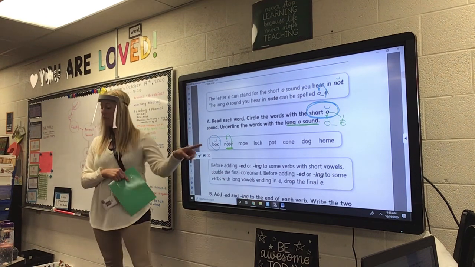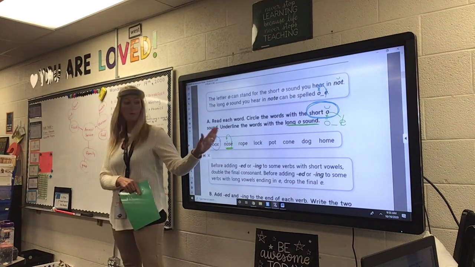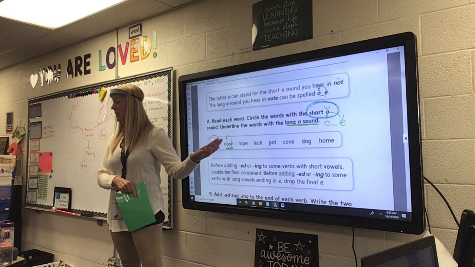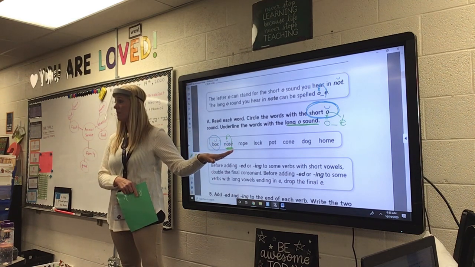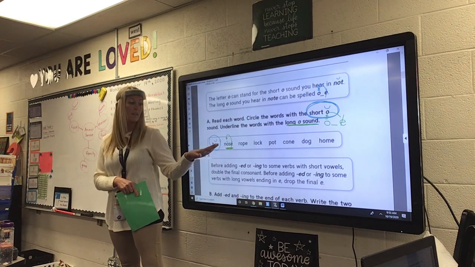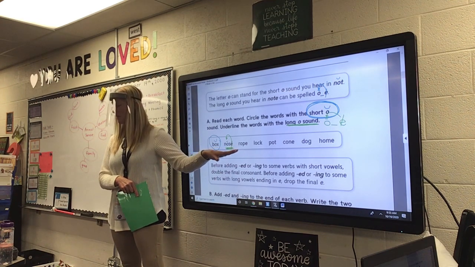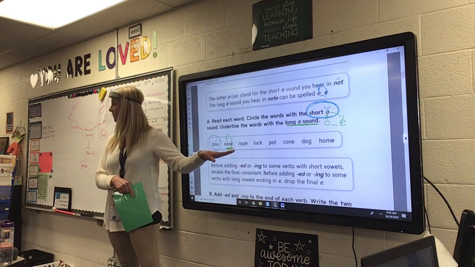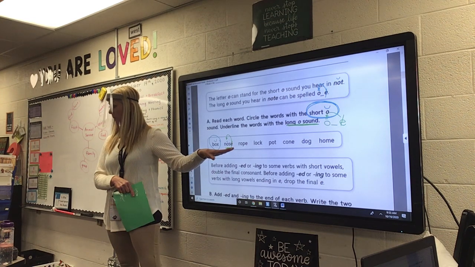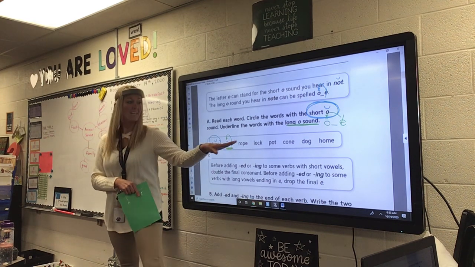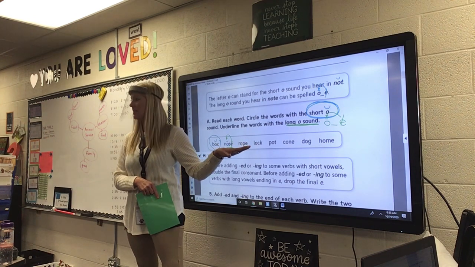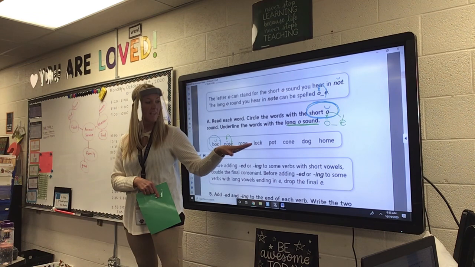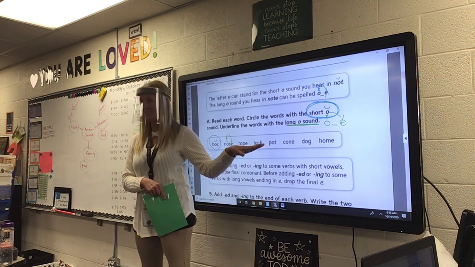Okay, now I'm going to read the rest, and you are going to do it. Carson, are you paying attention? Okay, number 3 is rope. I want you to circle or underline it. Underline if it's long, circle if it's short. Go ahead. The next one is lock. Circle if it's short, underline if it's long. The next one is hot.